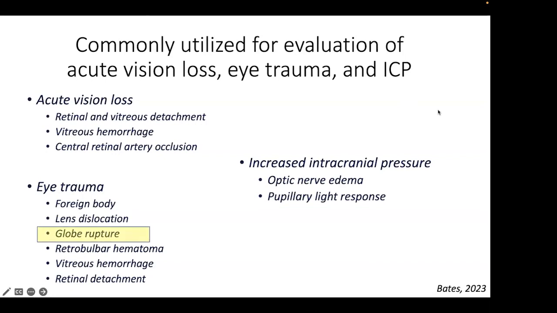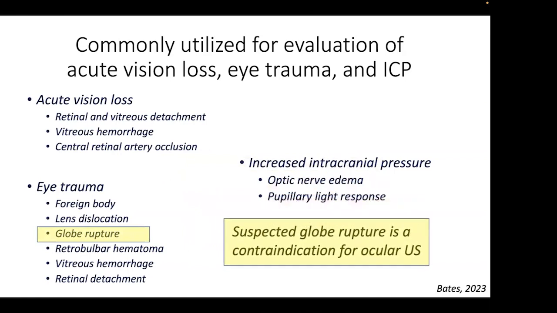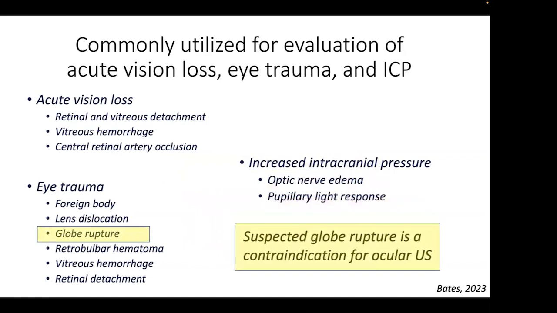Of note, globe rupture is considered a relative contraindication for ocular ultrasound, as it can increase intraocular pressures, worsening the globe rupture. If this is suspected, it's best not to do ocular ultrasound.